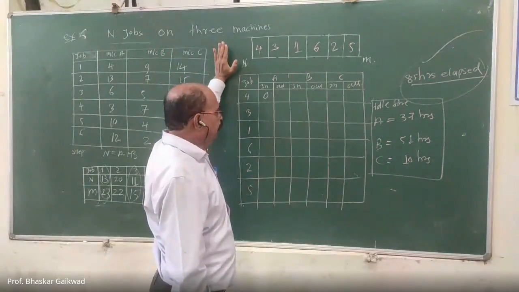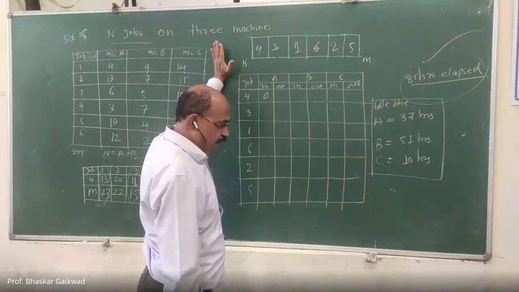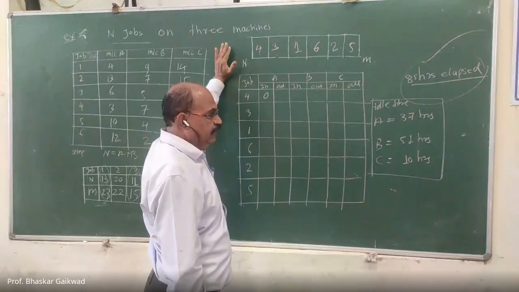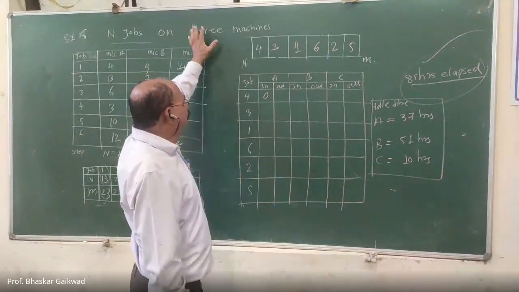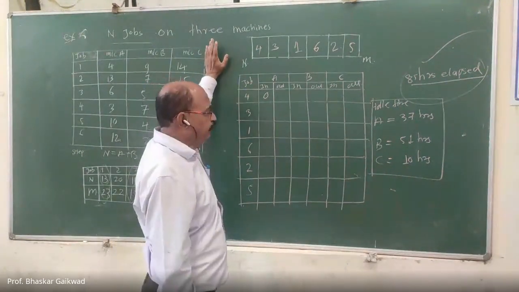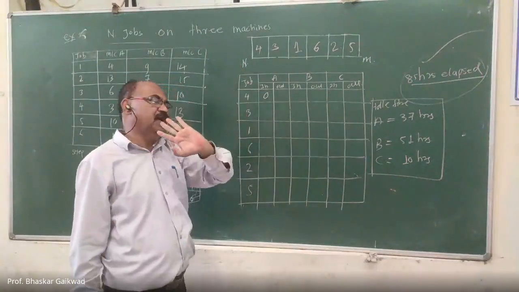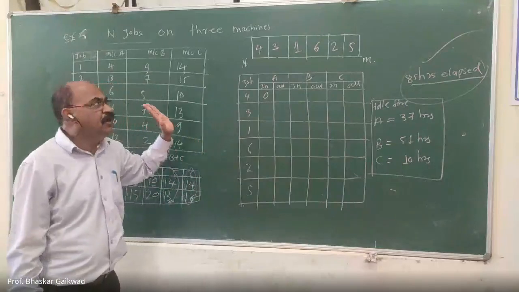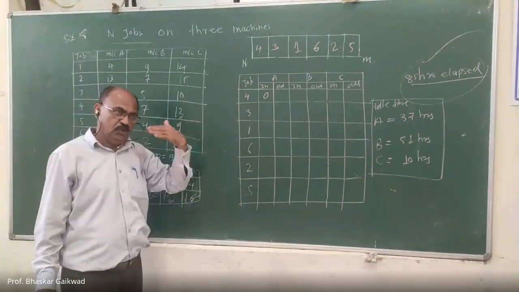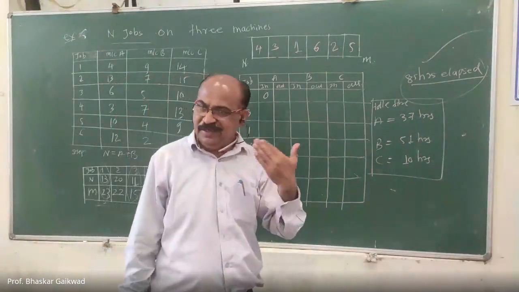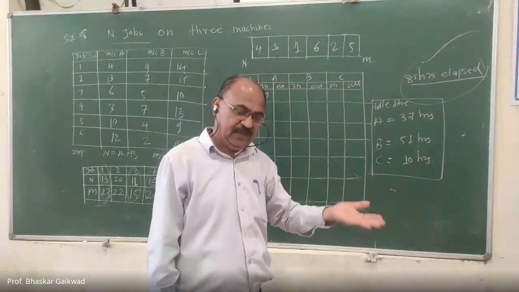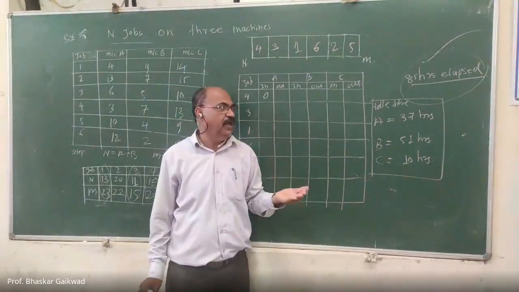Processing jobs on 1 machine is not part of your GATE syllabus. But at least 2 marks are expected on sequencing. Next time we go for line balancing.